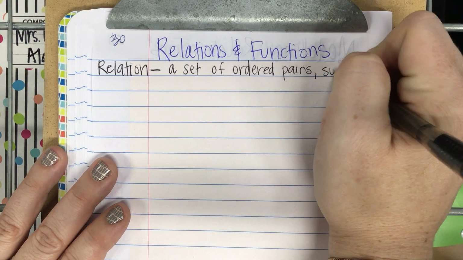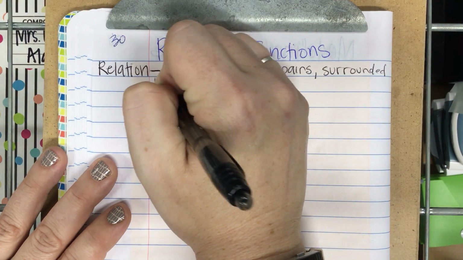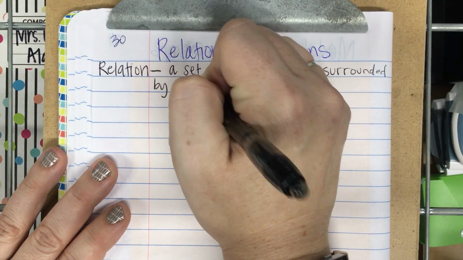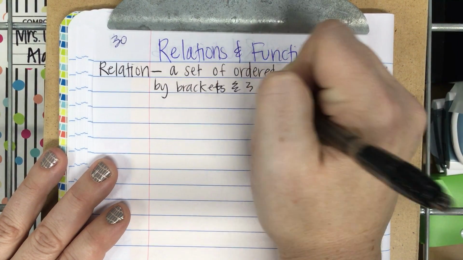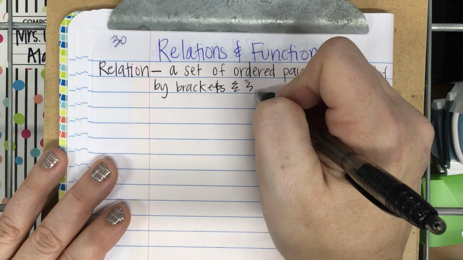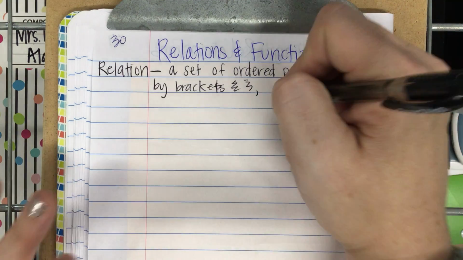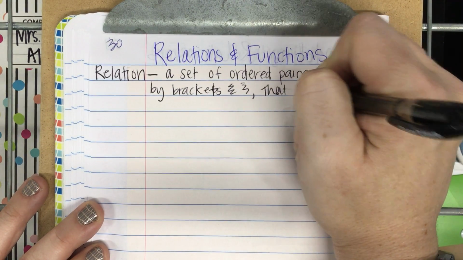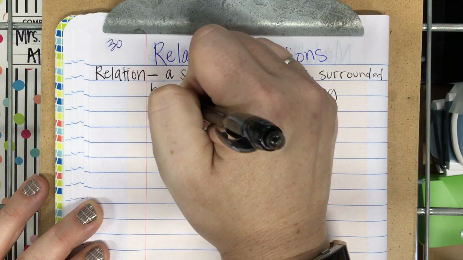You need to remember that it's surrounded by brackets, which are these little things. It's a set of ordered pairs surrounded by brackets that belong together.